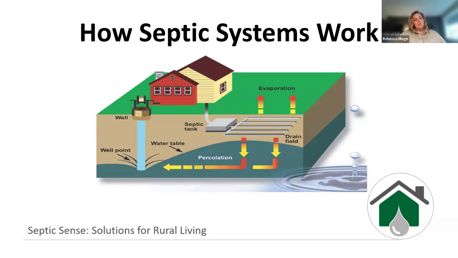If the sewage is not treated properly, it doesn't dilute that well. It actually forms a narrow plume in that aquifer and will travel within the aquifer until it finds another water source. In the photo here, we're looking at a well potentially.